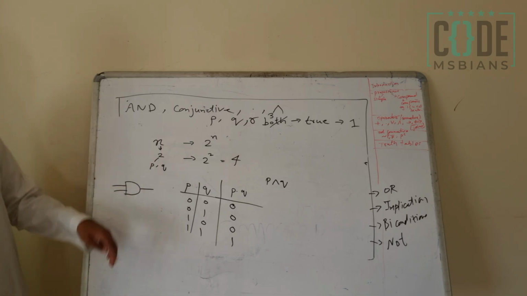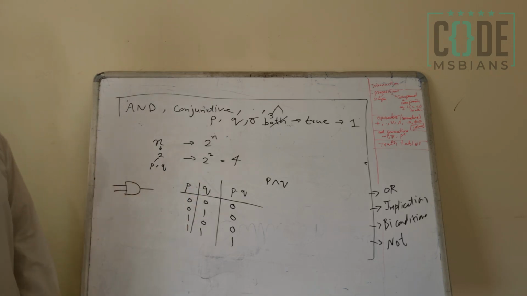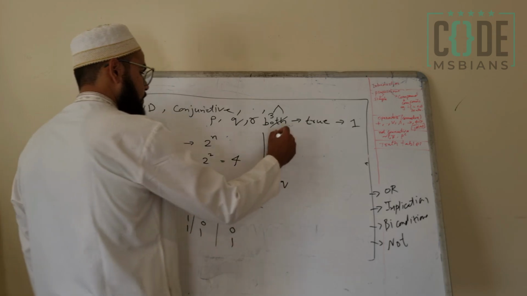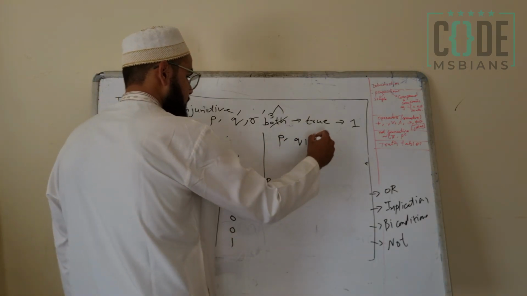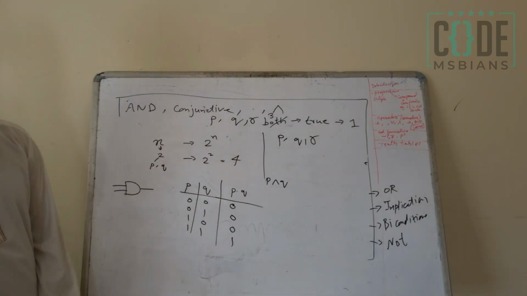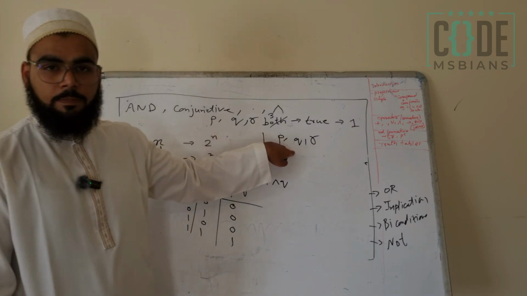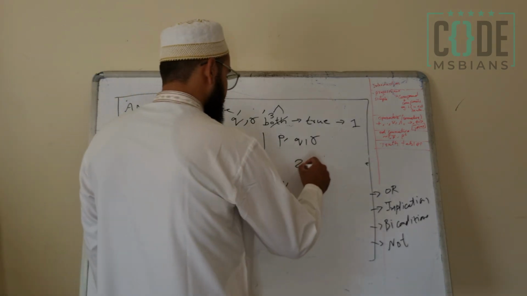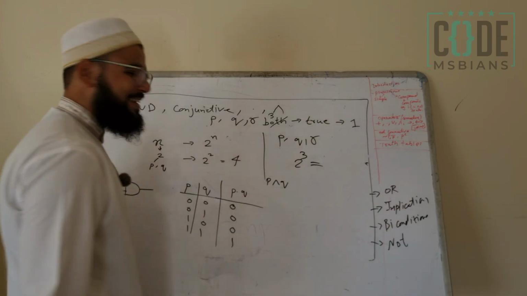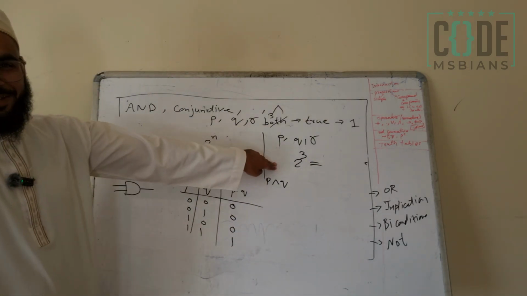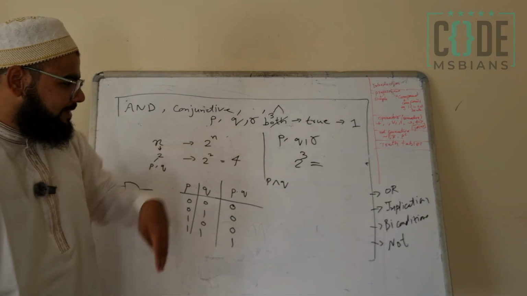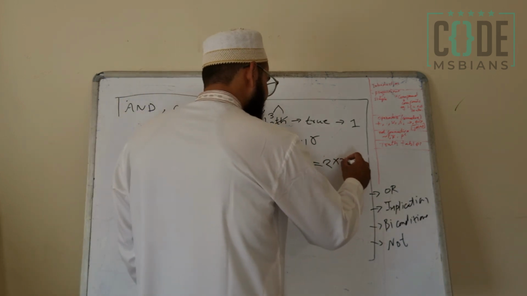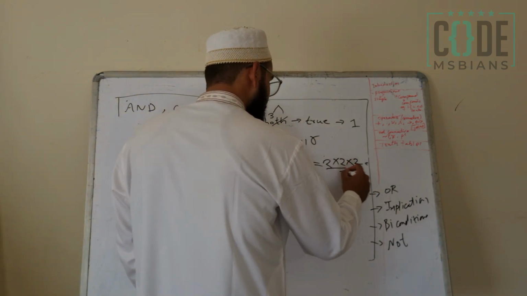Let's say you didn't have only 2 values, let's say you are having p, q, r, 3 statements. Can you tell me how many values are possible in the truth table if the statements are 3? Yes, correct, it's 2 power 3. What is 2 power 3? Some people say 6, like I have checked in some of the notebooks, but believe me, it's 8. 2 into 2 into 2: 2 to the 4, 4 to the 8.